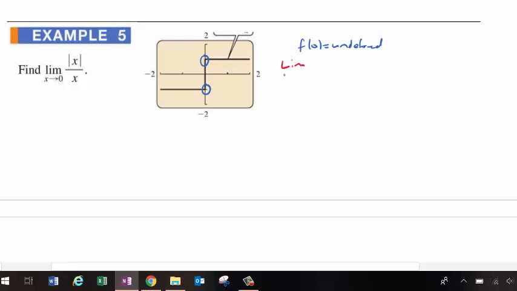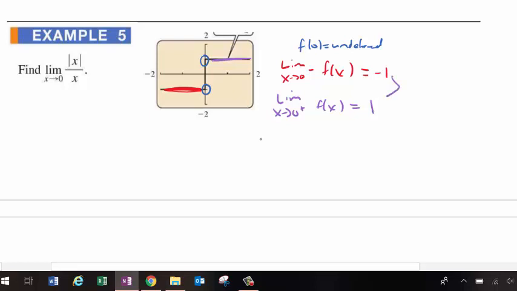The limit as x approaches 0 from the left, which is this piece here, is negative 1. The limit as x approaches 0 from the right is a positive 1, because remember it's the y value.